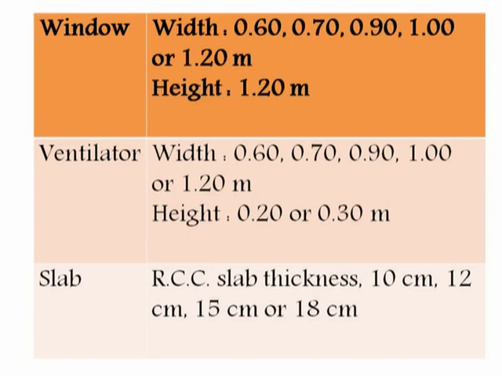Then is the ventilator. The ventilators are nothing but the small windows. Small windows of the size from 0.6 by 0.6 or 0.6 by 0.7 or approximately about 1 meter. These small windows are known as the ventilator.